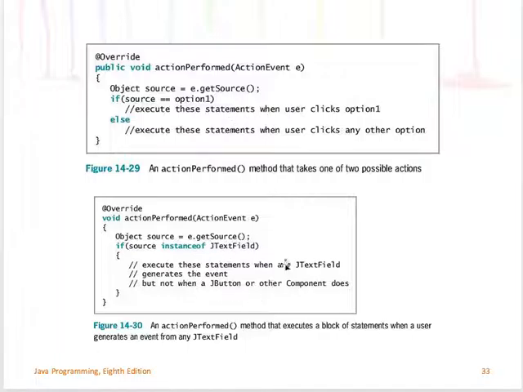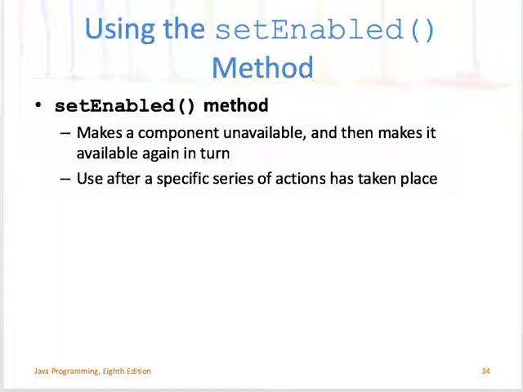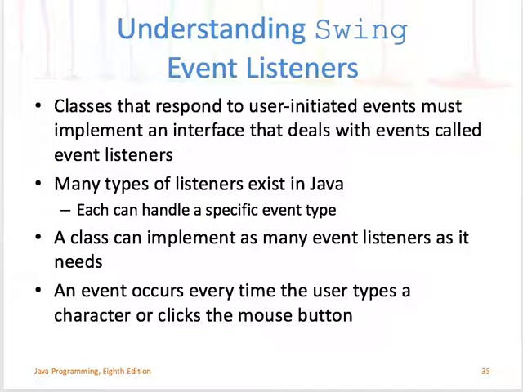And down here is an actionPerformed. So yes, you can have multiple actions. You will have multiple actions. The setEnabled method makes a component unavailable and then makes it available again. So setEnabled means true or false. That's a Boolean statement.